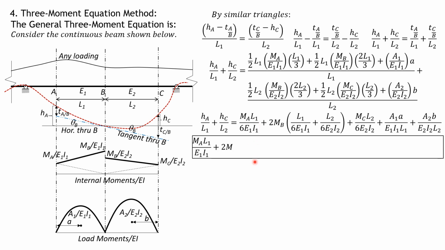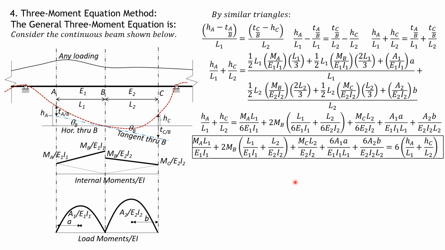So MA L1 over E1 I1 plus MB times L1 over E1 I1 plus L2 over E2 I2 plus MC L2 over E2 I2 plus 6 area 1 A over E1 I1 L1 plus 6 area 2 B over E2 I2 L2 equals 6 times the quantity HA over L1 plus HC over L2.